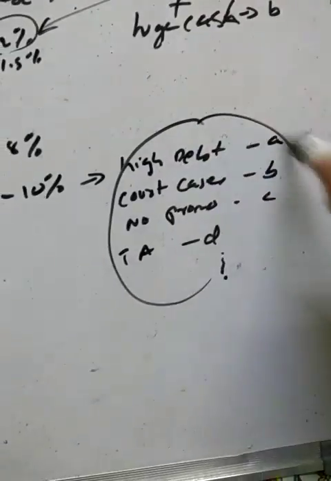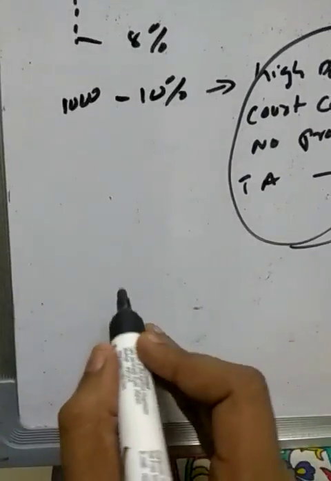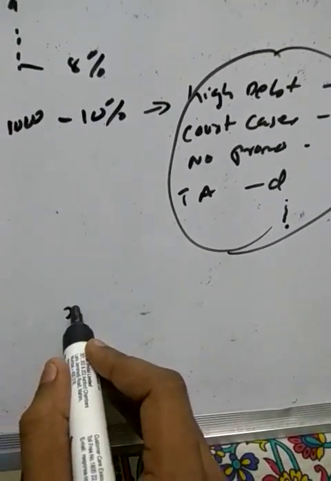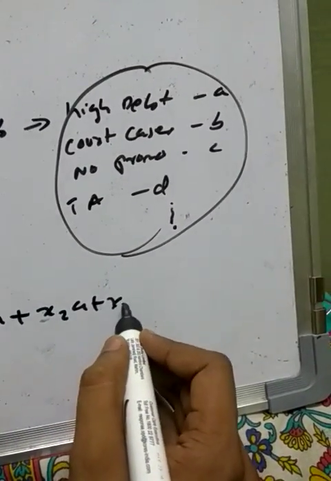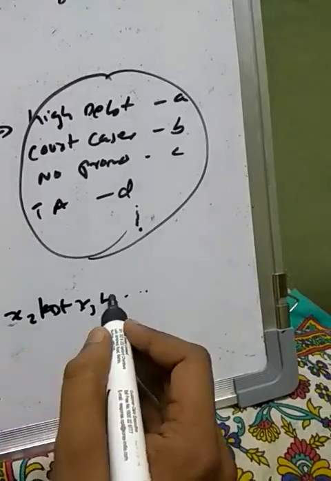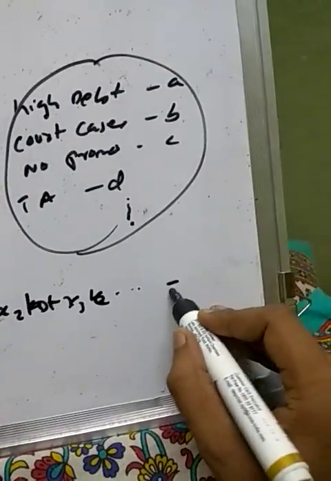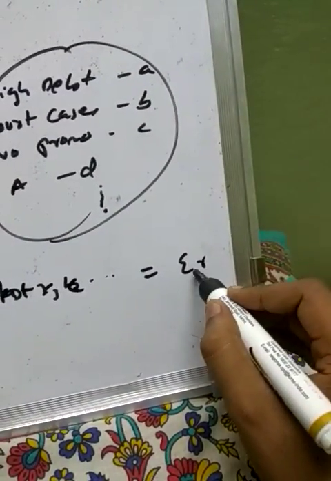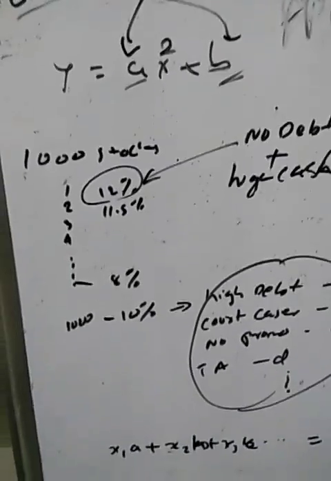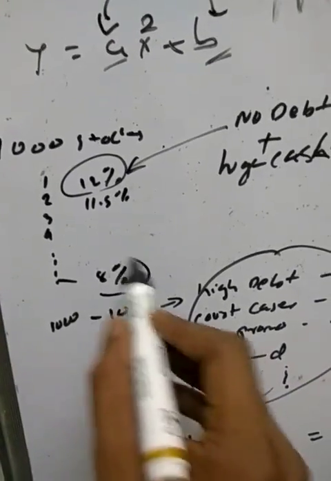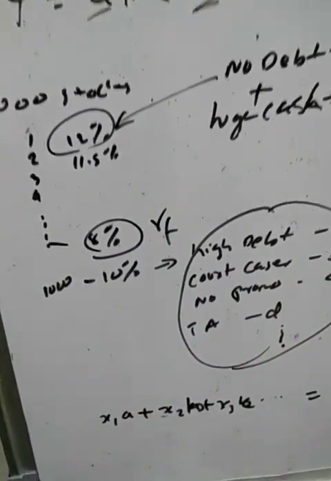Accumulating all these factors into a linear form, where they are like x1 into A plus x2 into B plus x3 into C and so on, will give me an expected return. And remember, my expected return should be better than the risk-free interest rate. Say the bank interest, RF, is 8%. So I will add this RF first.